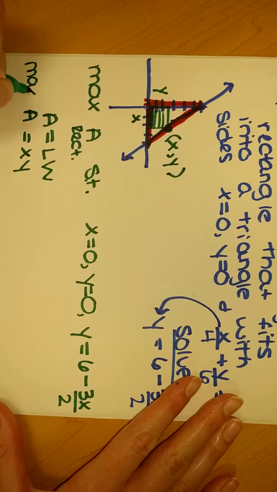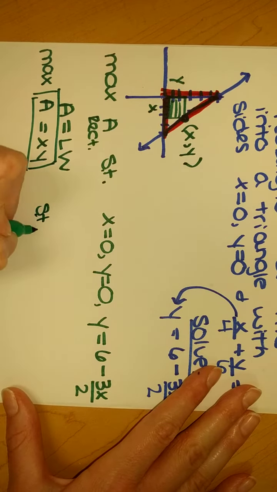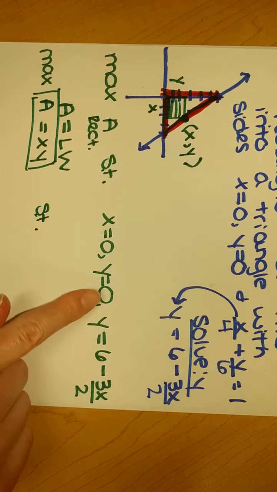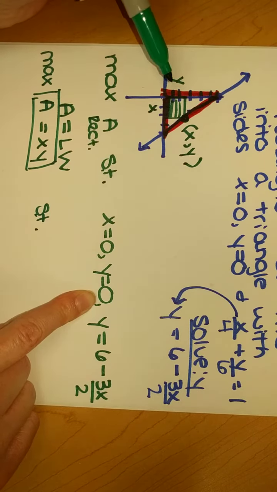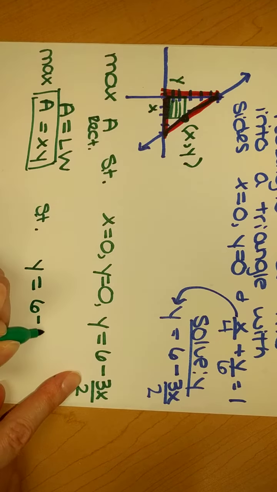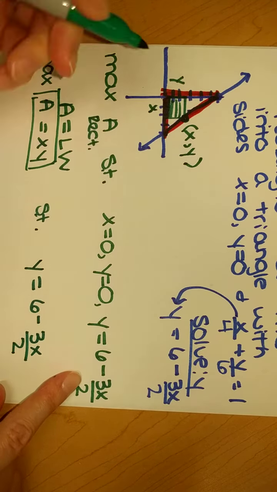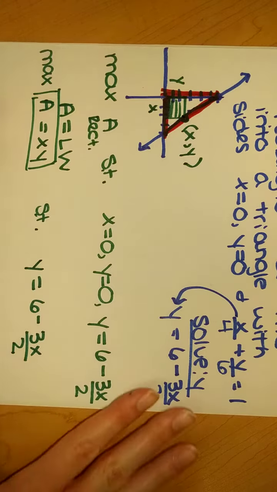So we are trying to maximize the area, which is x times y, subject to the constraint of x equals 0, y equals 0, which is embodied in the picture here. But what's really relevant for us is this line, 6 minus 3x over 2, because that's going to determine this x comma y point that will maximize the area.